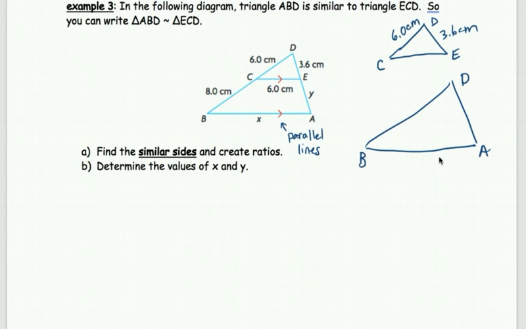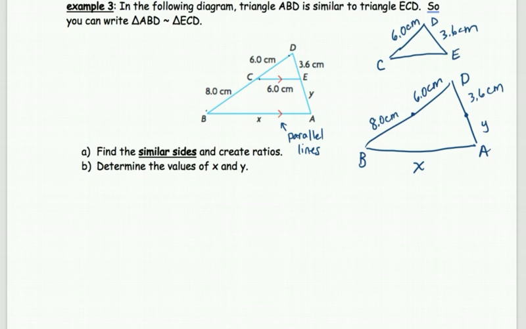We know that this bottom part is called X. From here to here is 8. From here to here is 6. So I'm just going to write those on. And then here to here is 3.6 centimeters, and this is Y.